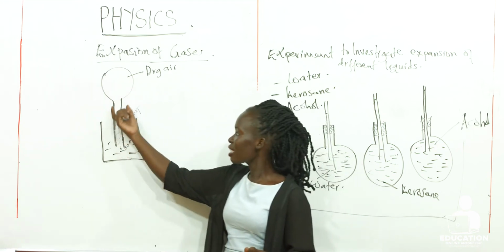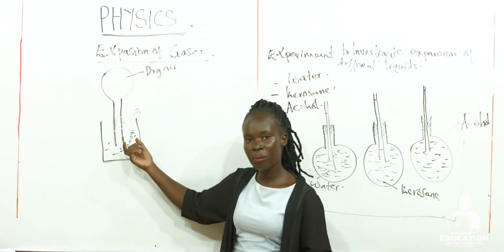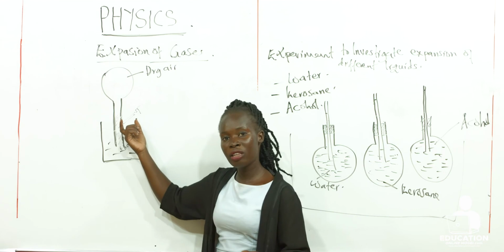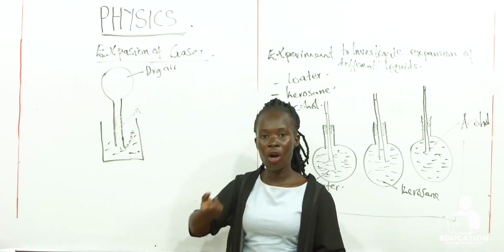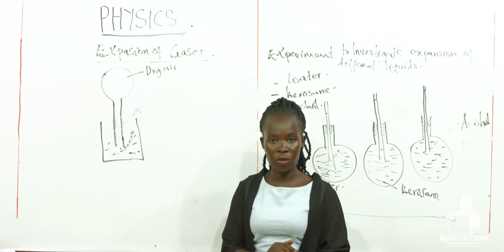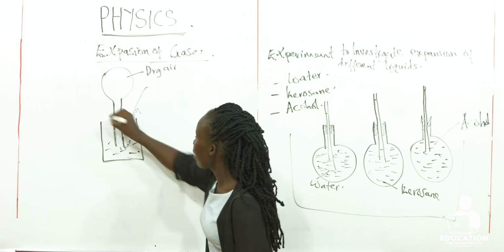This less air will cause lower pressure in the tube. If there is low pressure in the tube, remember that atmospheric pressure acts around every object on the surface of the earth. So there will be atmospheric pressure acting on the liquid.